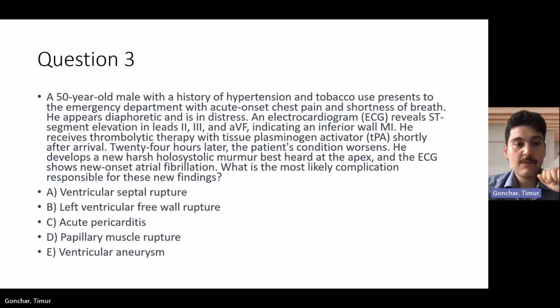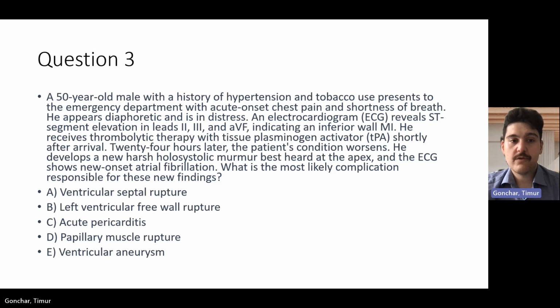Then we've got acute pericarditis. That wouldn't correspond with the clinical picture. Those patients usually have pleuritic chest pain, so pain on inspiration, which has nothing to do with this presentation. It's not something we would consider.